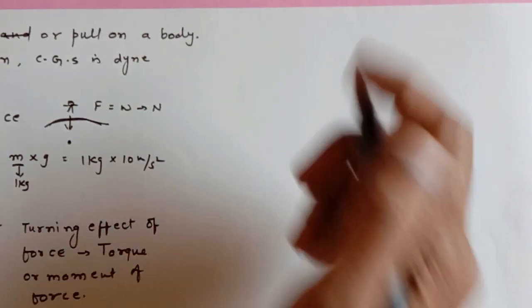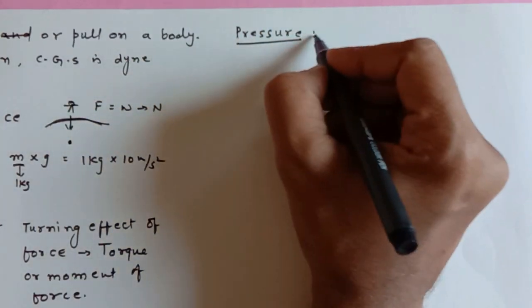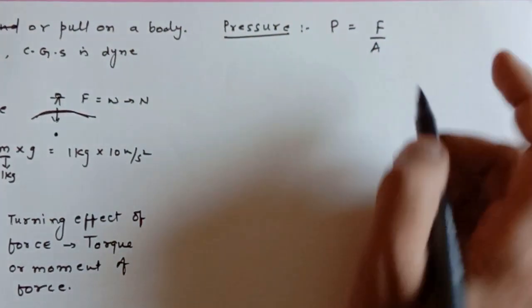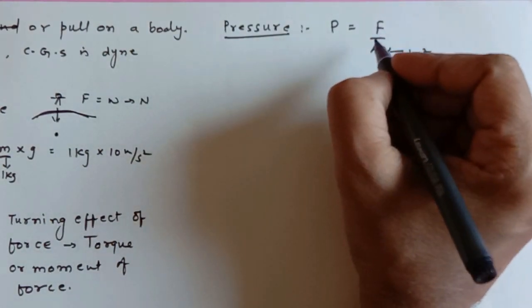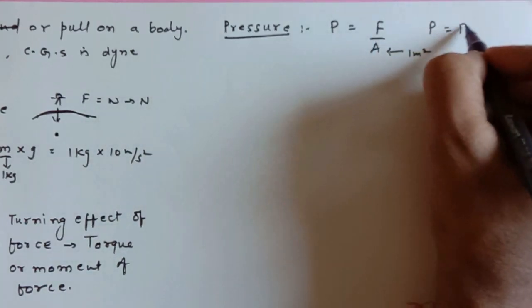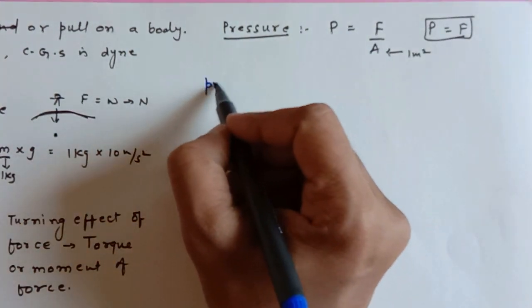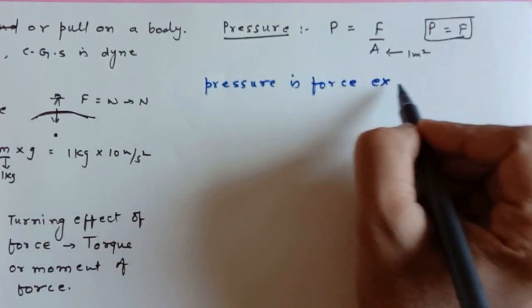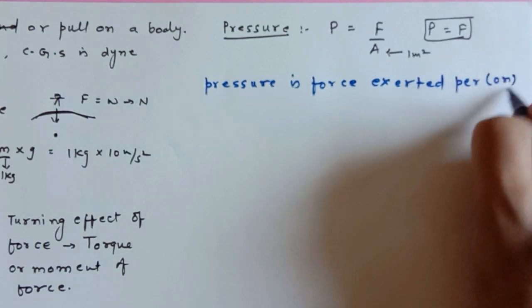Now the next part is pressure. So pressure P is F by A. This is the formula for pressure. So if I make this area 1 meter square, then P and F will become equal, which means pressure is the force exerted per unit area.